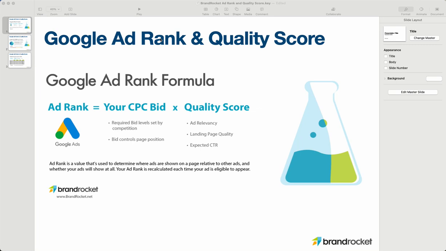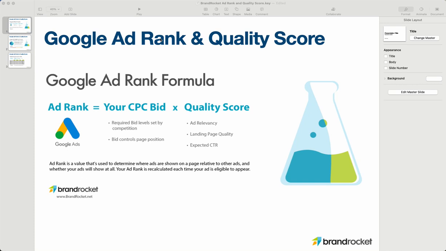And as a result, the search experience was degraded significantly. So you can imagine doing a search and getting a bunch of search results that were completely irrelevant to what you were searching for, which was the case with the older search engines before Google showed up. So ad rank was something that they developed, and it is ad rank equals your bid times your quality score.